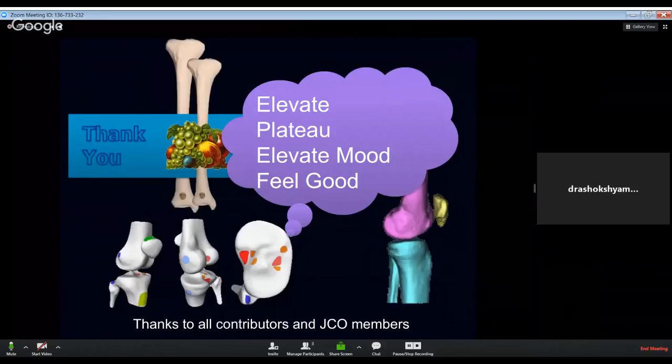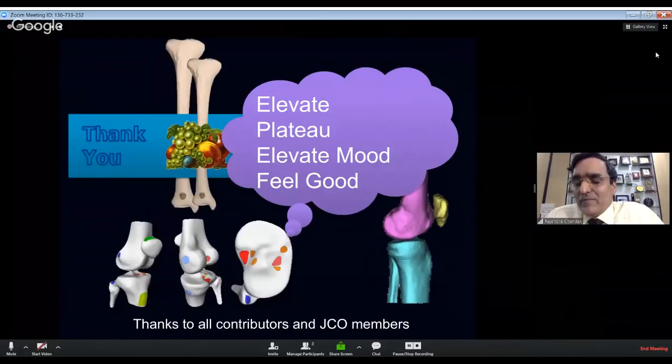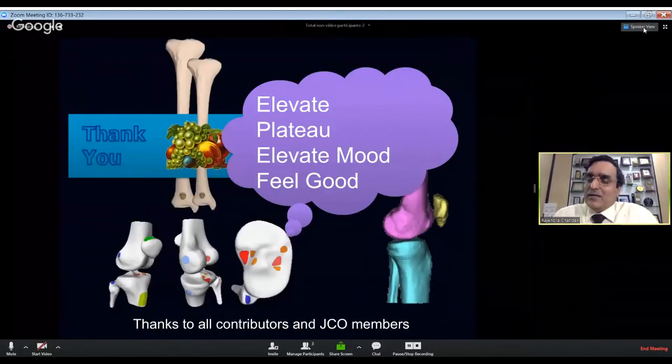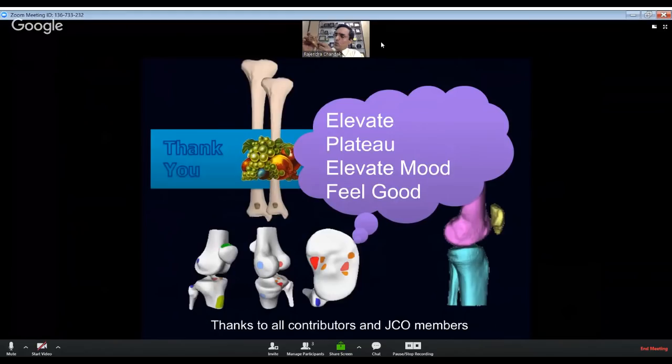The other question from Dr. Rahul is, does the window from the opposite side need stabilization? Yes, whenever this elevation is done, this window is an oval window. As you can note, the window is made onto the medial surface, exactly at a point here, and that is an oval surface.